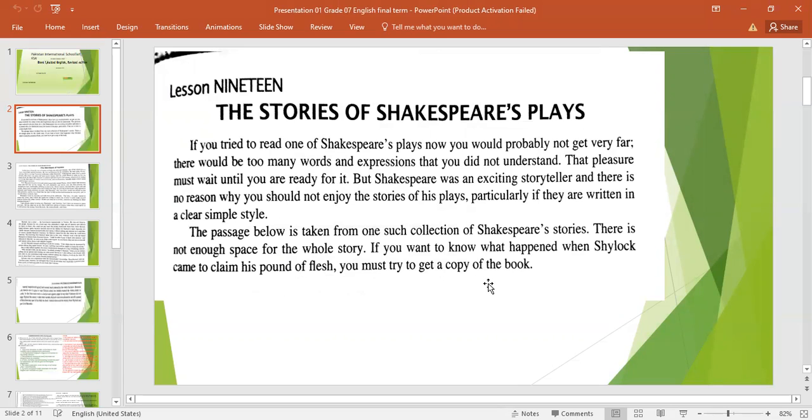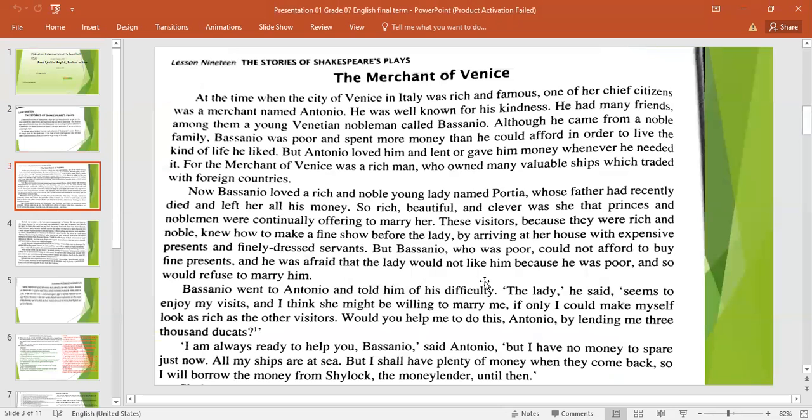So here, dear students, this is a passage taken from Shakespeare's play, and that is your lesson number 19. The Merchant of Venice. This is the title of the play from which this lesson is taken.